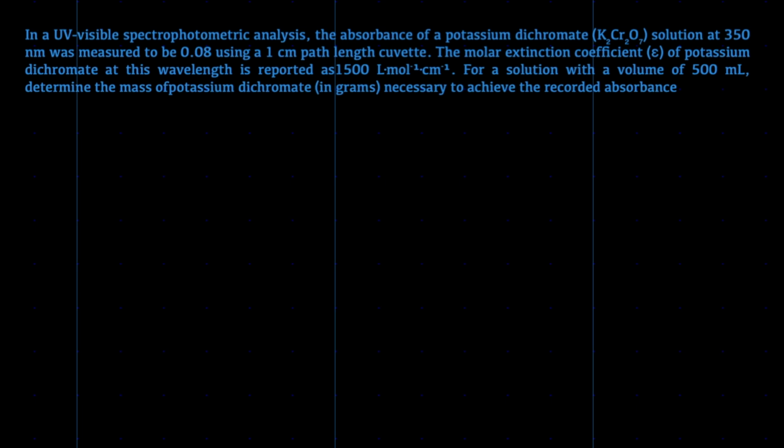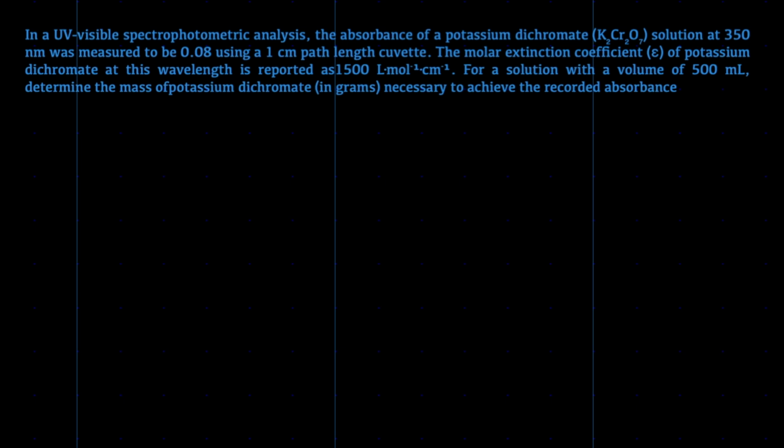The molar extinction coefficient, or the epsilon, of the potassium dichromate at this wavelength is reported as 1500 liter per mole per centimeter. For a solution with a volume of 500 ml, determine the mass of potassium dichromate in grams necessary to achieve the recorded absorbance.